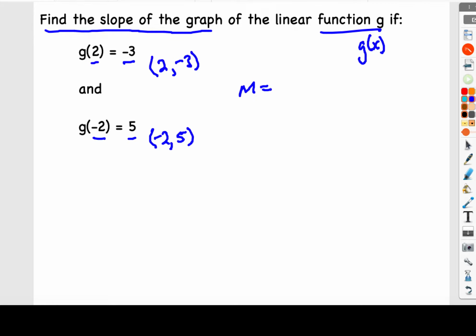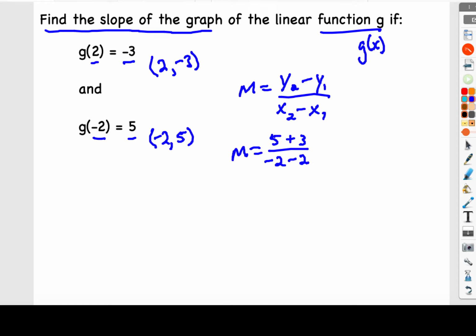If I want to find the slope, remember y2 minus y1 over x2 minus x1, all I have to do is insert my points. So 5 minus the negative 3 becomes plus 3. And because I used the 5 first, I'm going to say negative 2 minus, again, my x value from the first point.